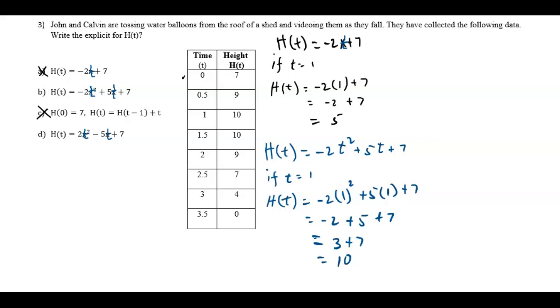Before we go further, let's check if that will work for the last one. We already know C is out, so let's see if it's going to work for the last one.